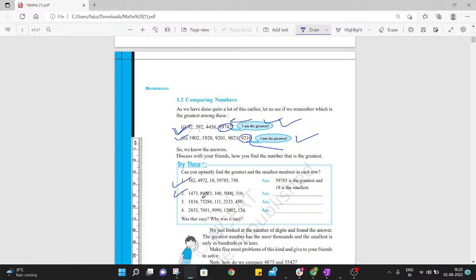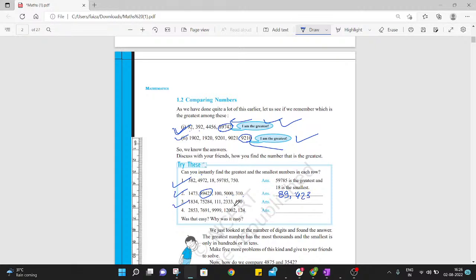So we can see that this one has 5 digits. No matter what number we have in the ones column or the tens column, it's always going to be the largest one because this has more place values. So this one is 89,423.